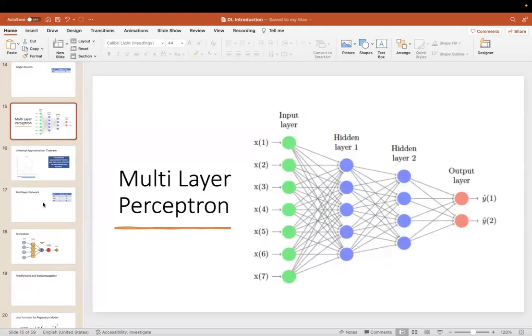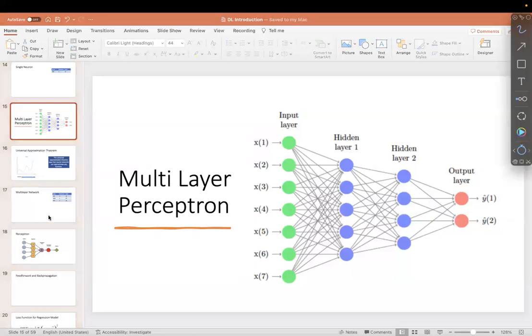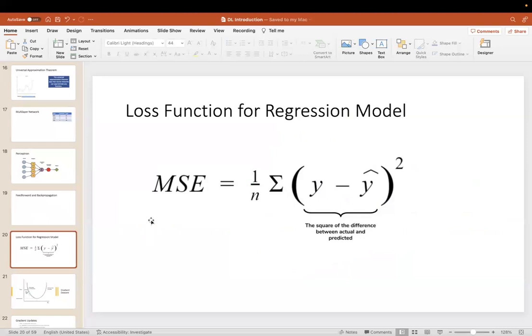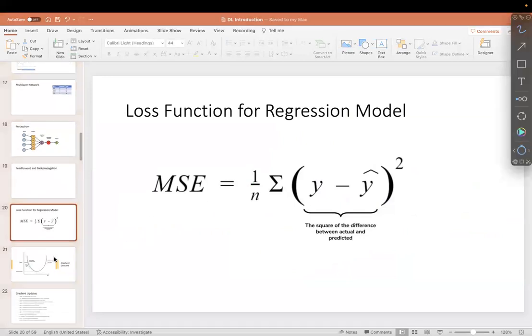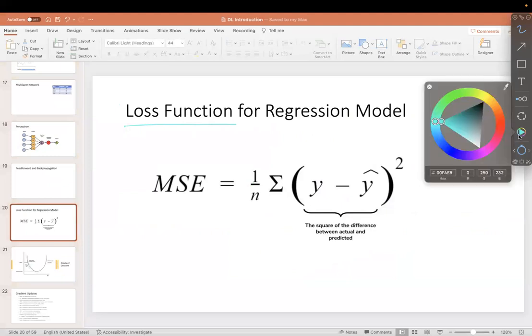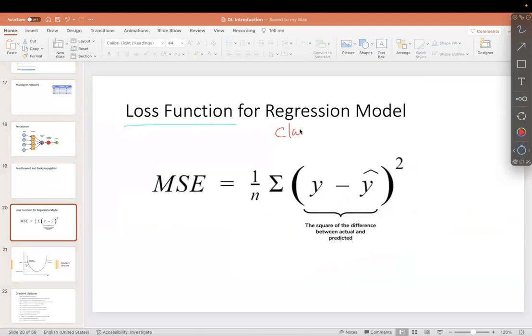So we understood what a perceptron is, what the input layer, the hidden layer and the output layer are, and what an error function or loss function is. These loss functions are different for different kinds of problems. Typically, for classification problems, I think we'll come back to it later when we start the session, we use something called the log loss function or cross entropy function, right?